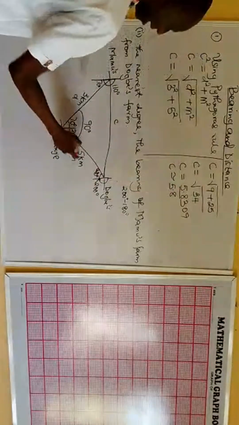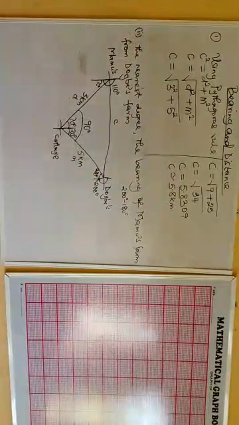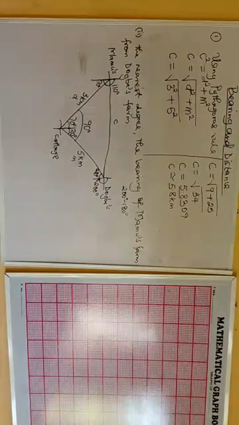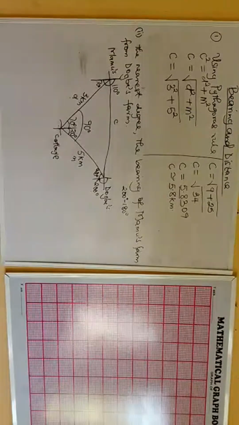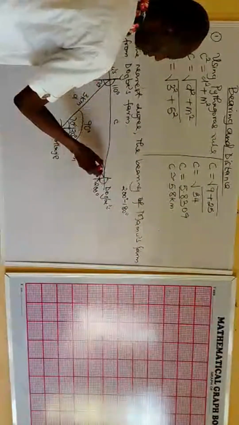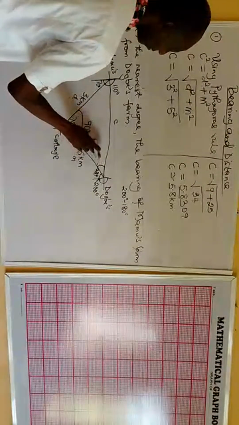What's the unit? Kilometers. So that is 5.8 kilometers. And we are asked to find the bearing of Mamu from Dugbe. Now, look at Dugbe. I can use theta to get it.